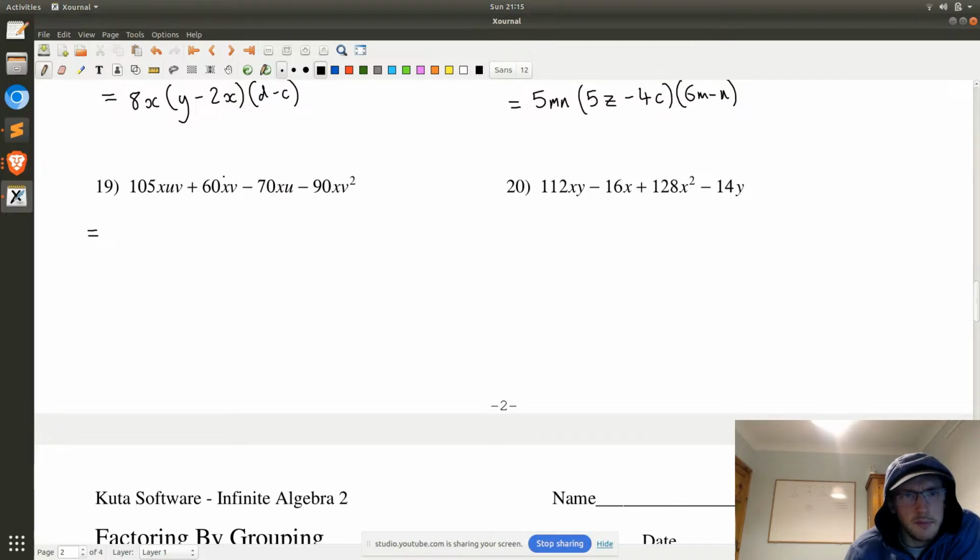Well, v squared there, v and v there. So think about it logically. Factor out a single v. Yeah. Now I'll have that v squared will turn into like a v.